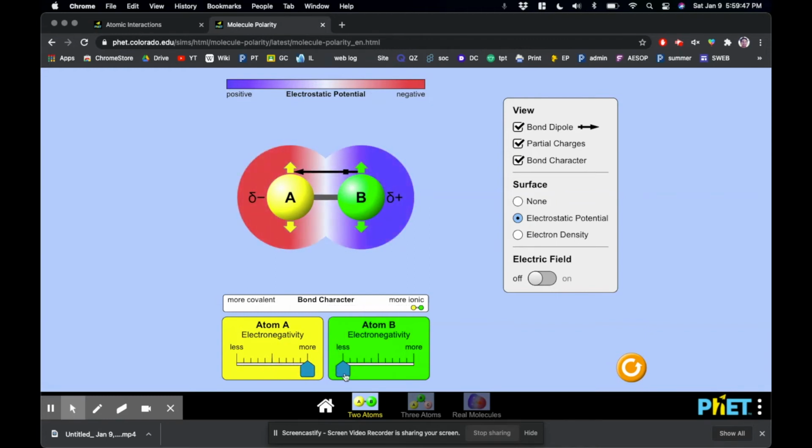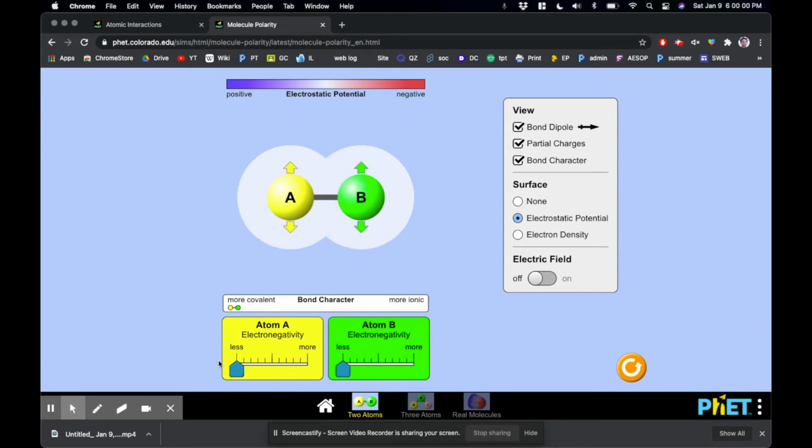Eventually, when I have something that has so little electronegativity, and something that has so much electronegativity, you virtually have an ionic bond at that point. Okay? But again, if they have the exact same electronegativity, then they are completely covalent.